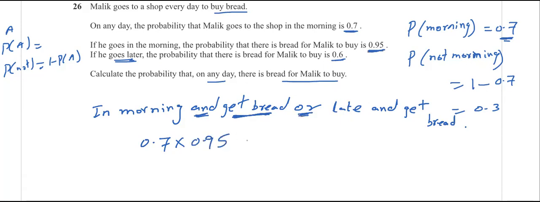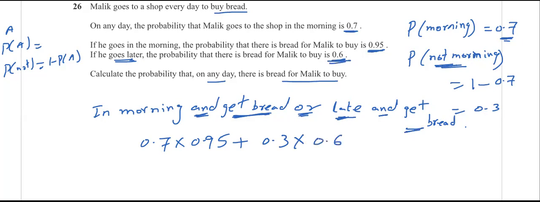Or, for or we use plus. If he will be late, the probability for late, meaning not going in the morning, is 0.3. So we will say 0.3 and multiply, and then getting the bread if going late is 0.6.